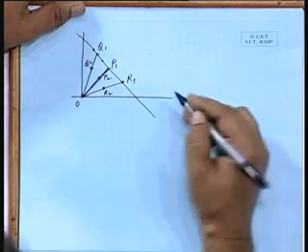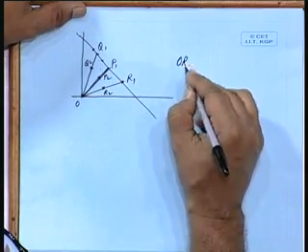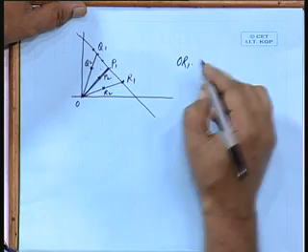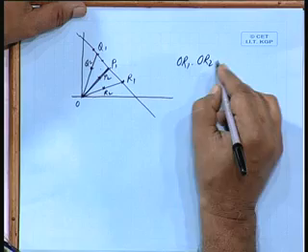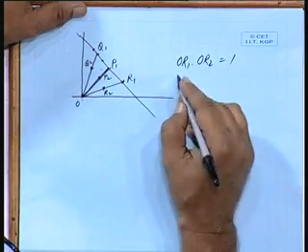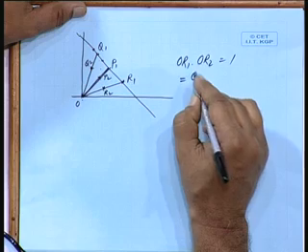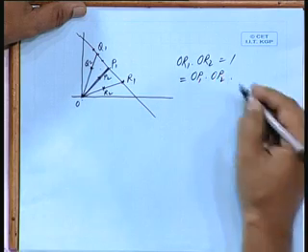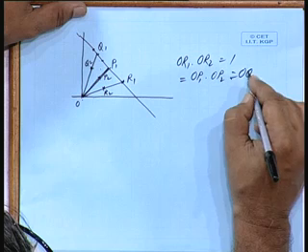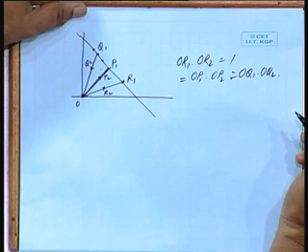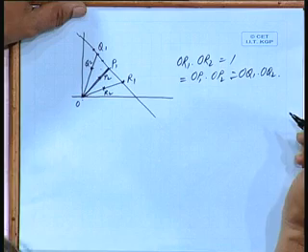Okay. Now, OR1 into OR2 is equal to 1, is it not? Because OR2 is 1 by OR1 and that is equal to OP1 into OP2, it is equal to OQ1 into OQ2, is it not? Is that all right?